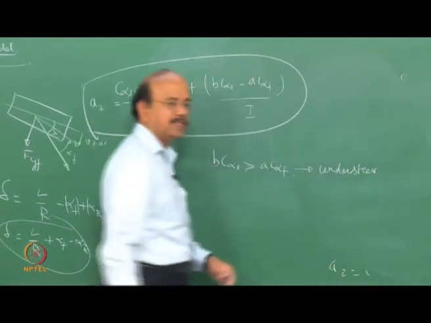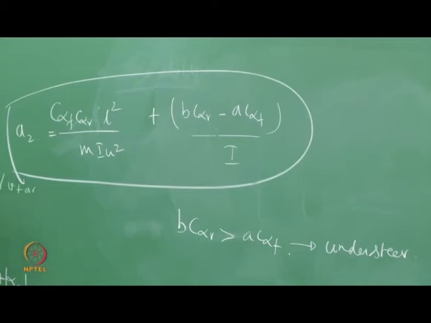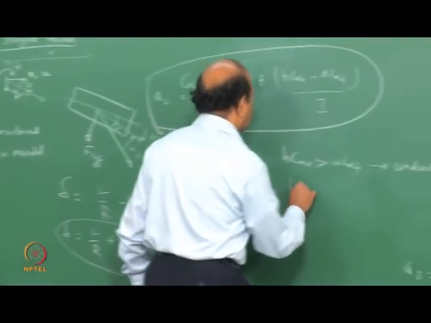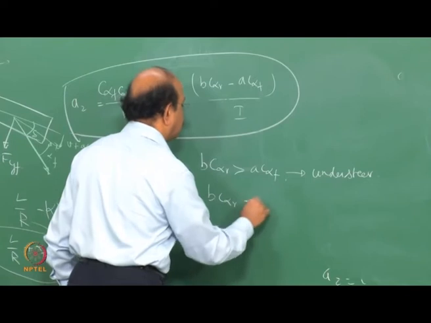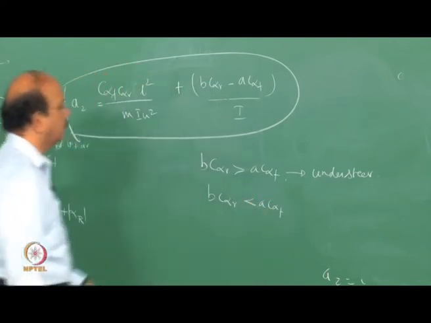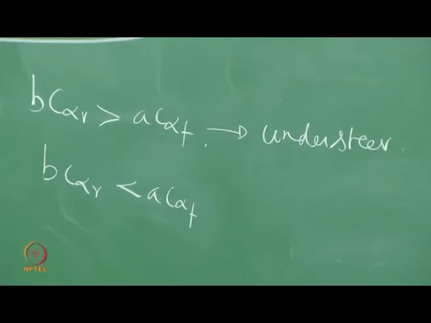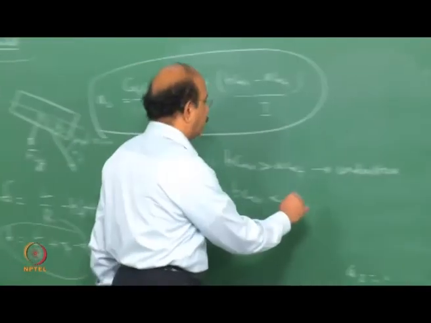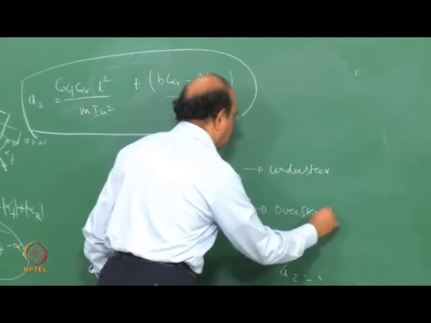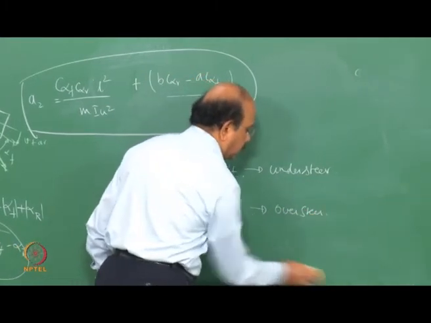Why? How this term? All those things we will define shortly, including what is called the understeer coefficient. When BC alpha R is less than AC alpha F, then we have an oversteer condition.